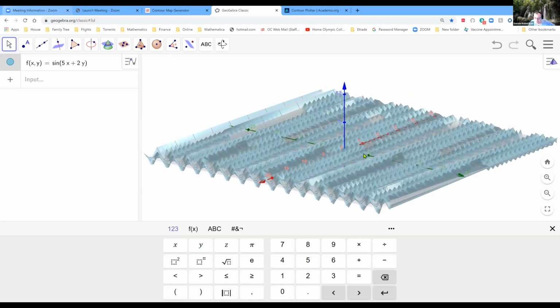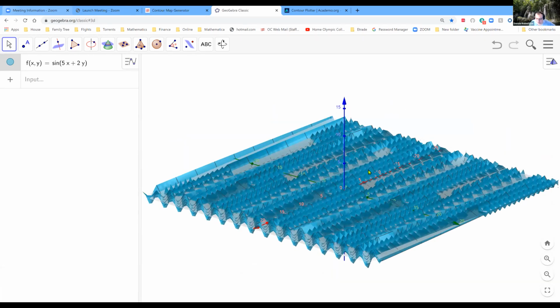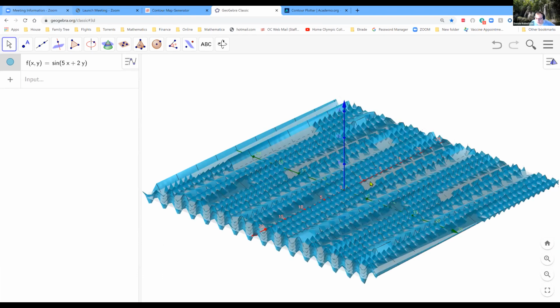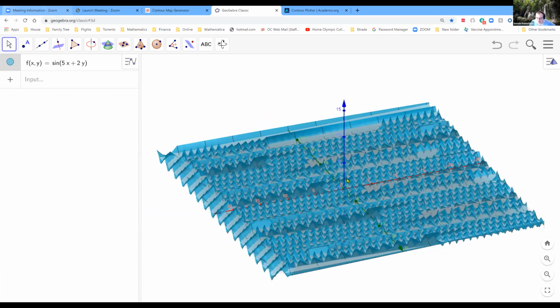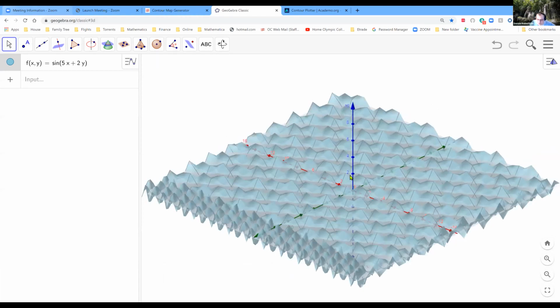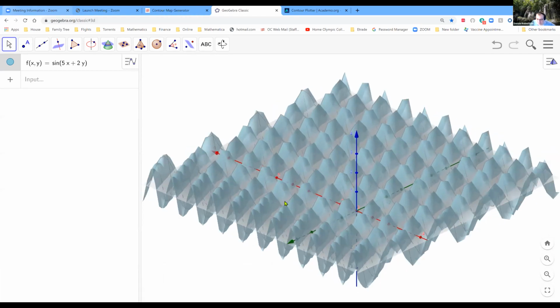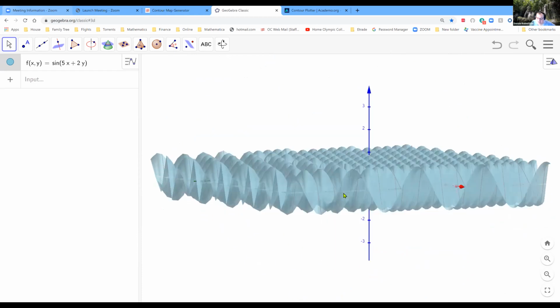Okay, it looks like corrugated paper, right? Probably the scale's not great, so how about if I zoom in a little bit? There, it helps a little bit. If you orientate it, this blue vertical line is the z-axis. Can you see why it goes from -1 to +1?